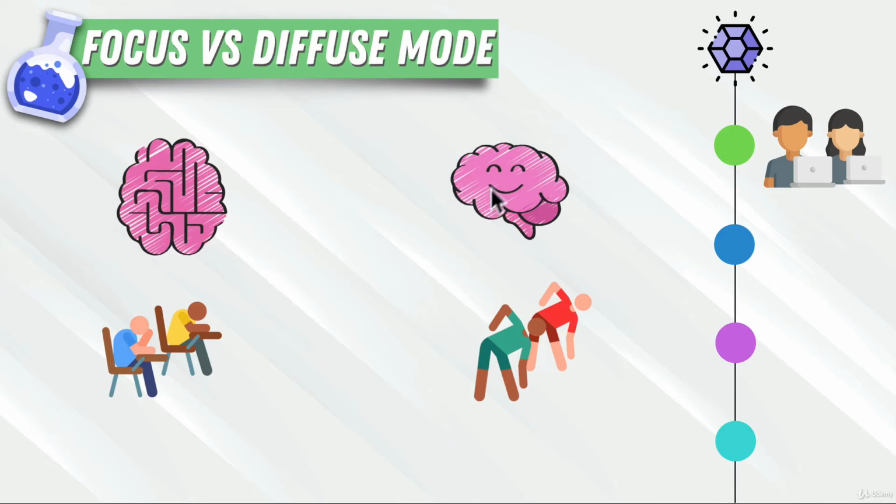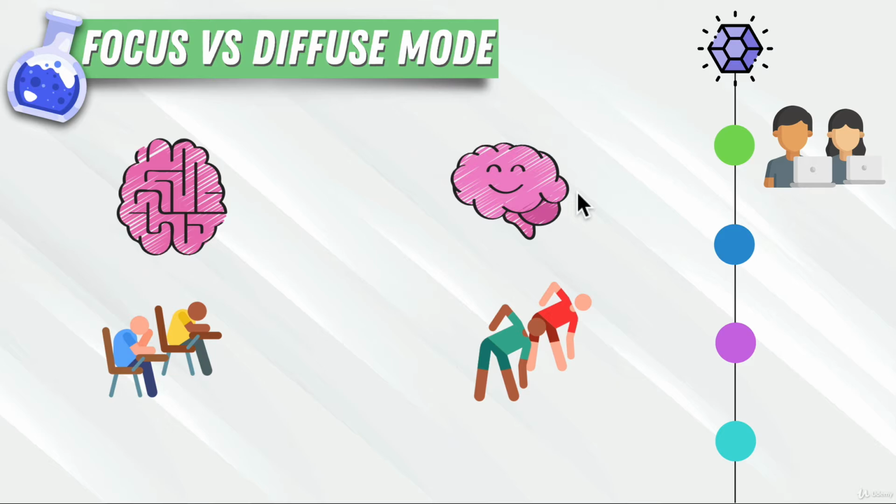Instead of just the prefrontal cortex, all regions of the brain are being activated. You can think of this as, instead of a laser, a flashlight that has light dispersed in different areas so that you can see more of an area when it's dark outside. Things like going for a walk or even sleeping actually activate the diffuse mode of thinking in our brain.